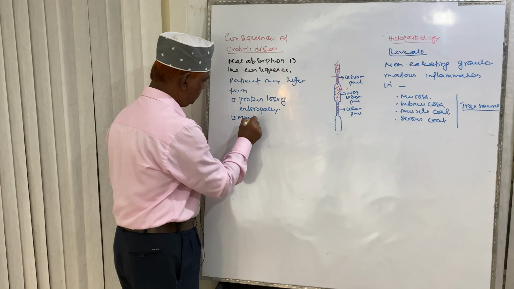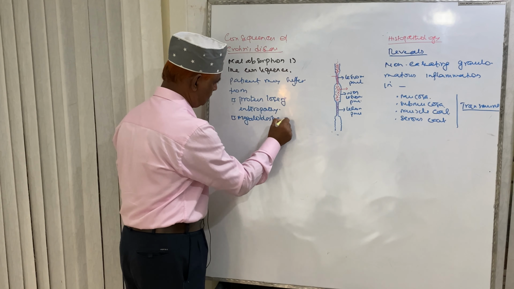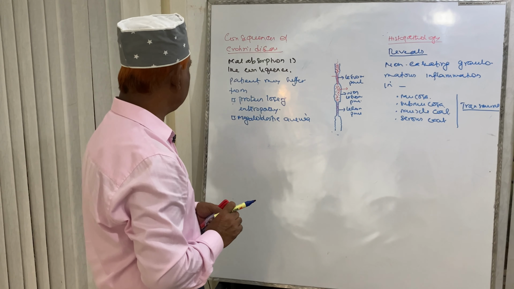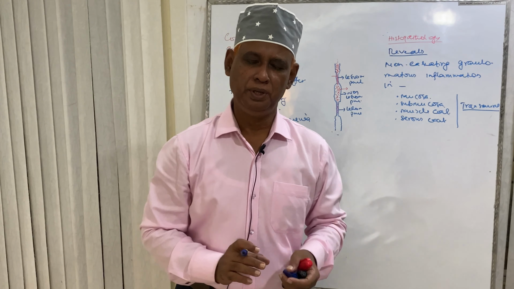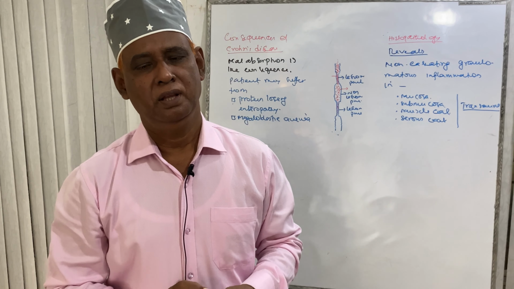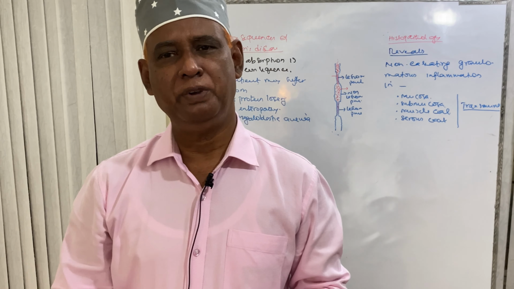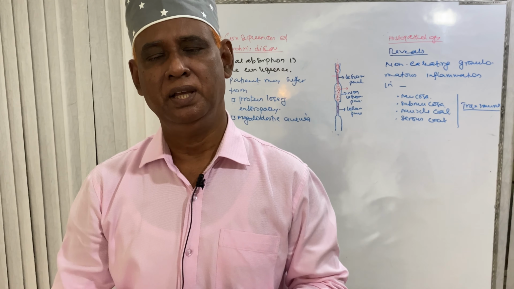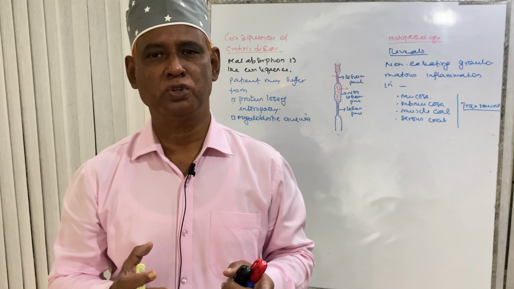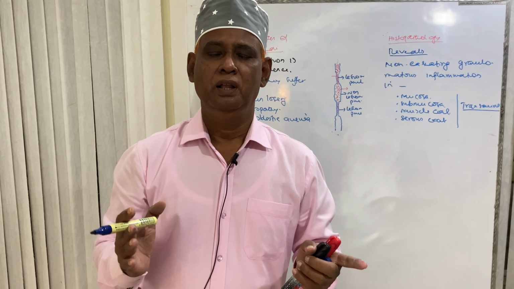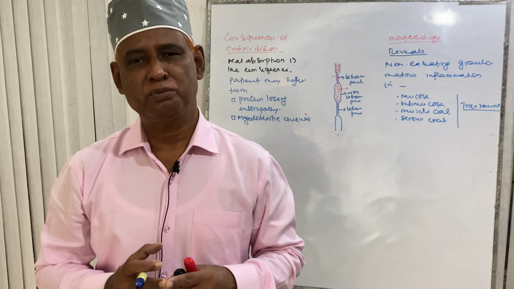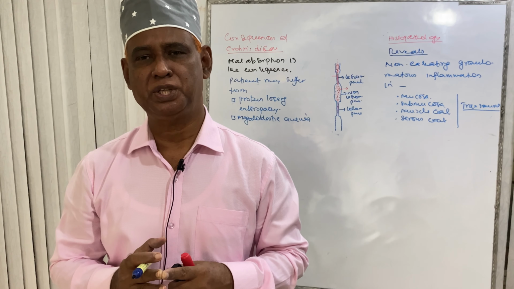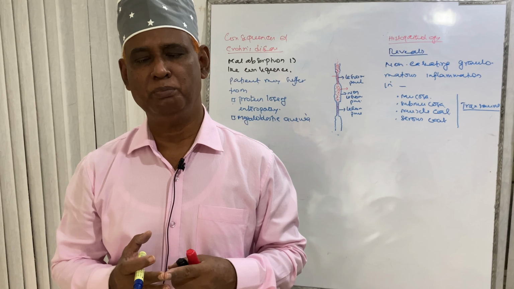Megaloblastic anemia. Dear audience, you know vitamin B12 is absorbed in the small intestine in presence of intrinsic factor of Castle, and there is a receptor in the mucosa of the small intestine. As there is ulceration in the mucosa of the small intestine, vitamin B12 absorption will be hampered, so patient may suffer from megaloblastic anemia due to deficiency of vitamin B12.